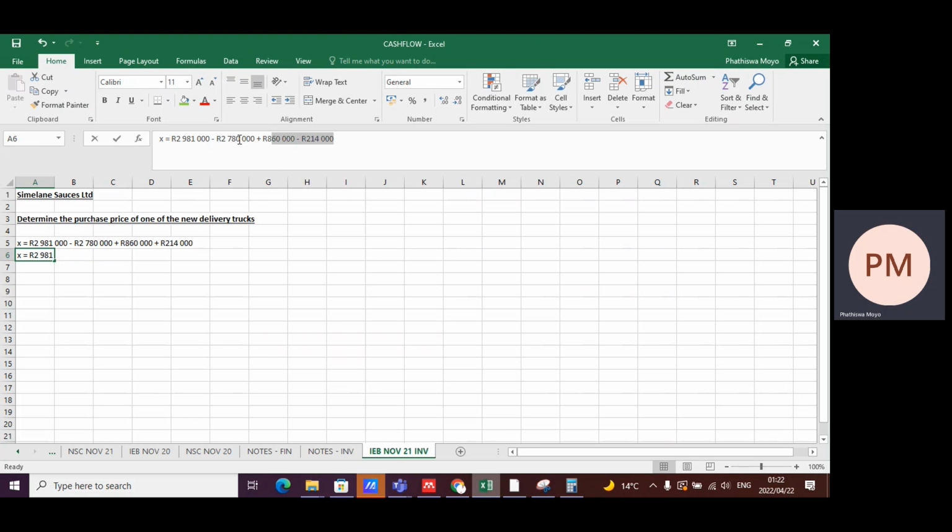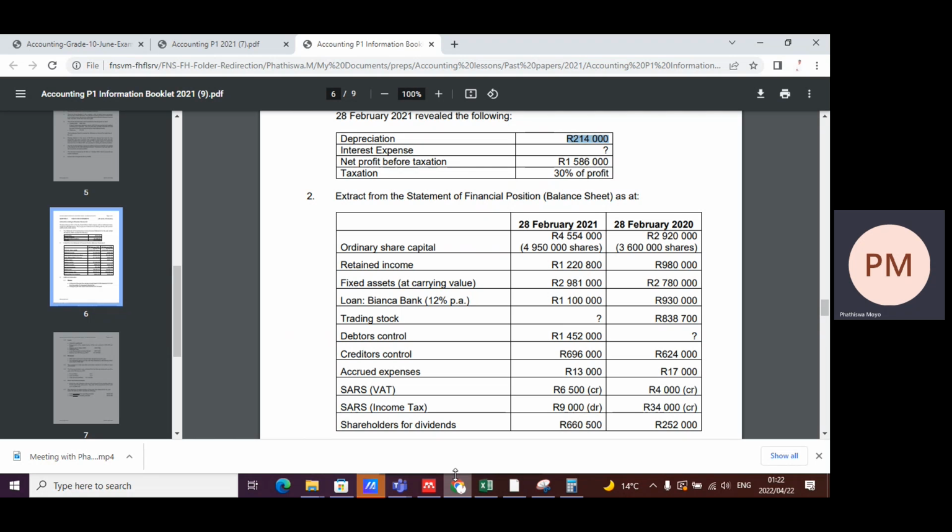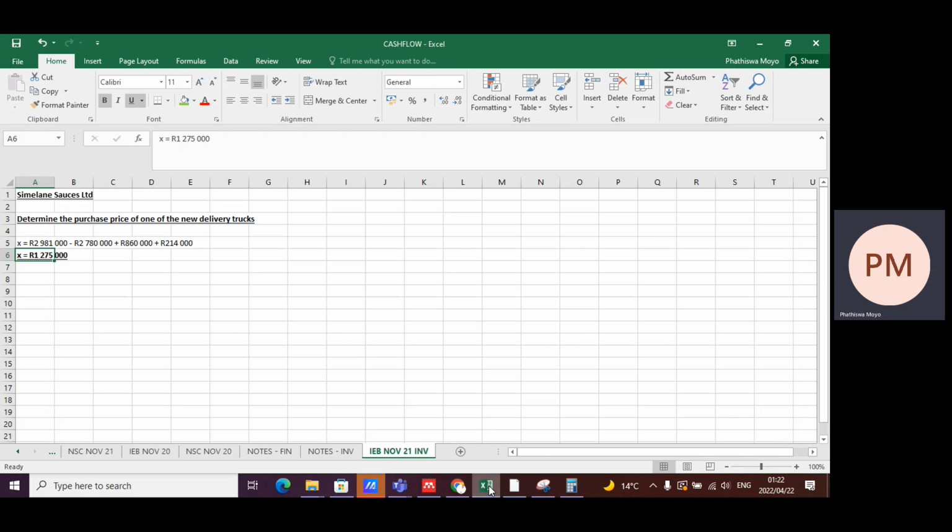So this is 2.5. So the total value of these three vehicles is 1,275,000. What was the question again? We have to simplify further. Divide by 3.